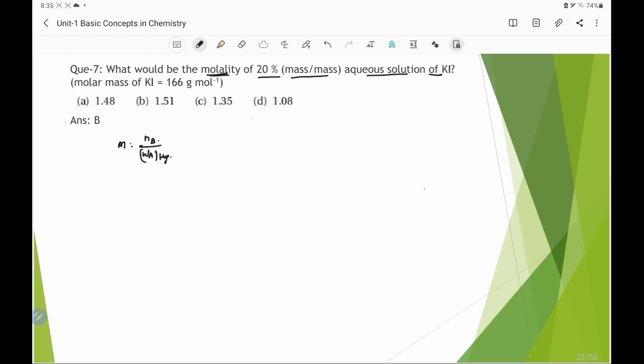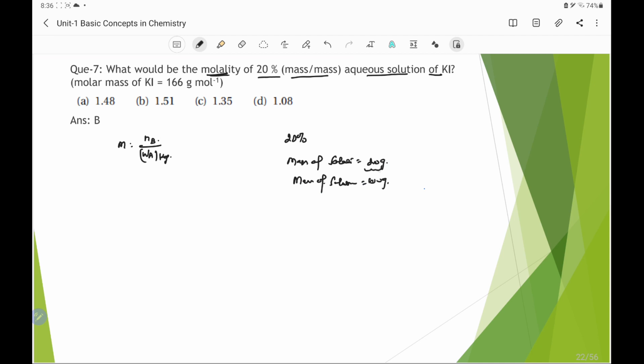Here the solution is having 20% of solute by mass in the 100 of the solution. Therefore, mass of solute is 20 gram if mass of solution is 100 gram.